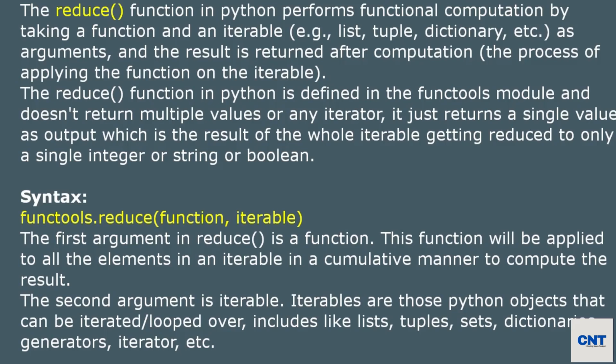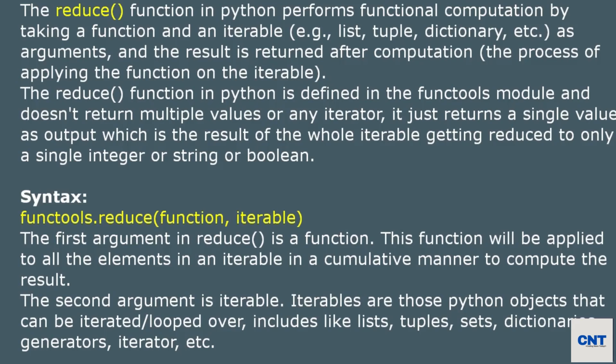Reduce is defined in the functools module and does not return multiple values or any iterator. It just returns a single value as output, which is the result of the whole iterable getting reduced to a single integer, string or boolean.